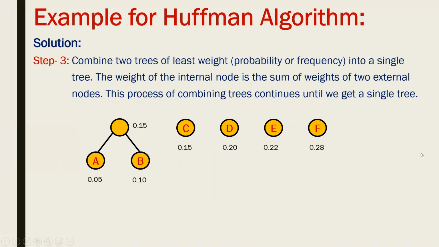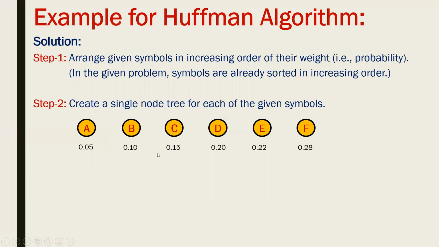Now, we have to combine the two trees of least weight. Weight means either probability or frequency. In this question we are given probability values, therefore we use the probability value. Out of these 6 symbols, the least probabilities are of symbols A and B, 0.05 and 0.10.